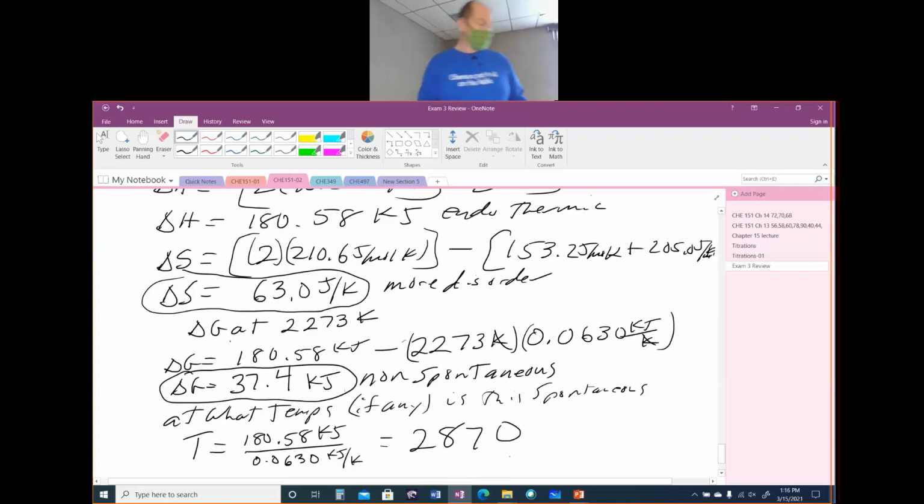All right, so the temperature that we get is 2,870. Since they are both higher, this is not the answer to at what temperature is this spontaneous? Actually, at 2,870, your delta G is 0, not negative.